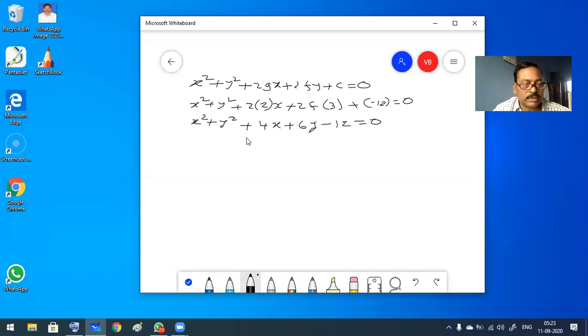The fourth point is minus 2 comma minus 8, substituting minus 2 comma minus 8 in the above equation.